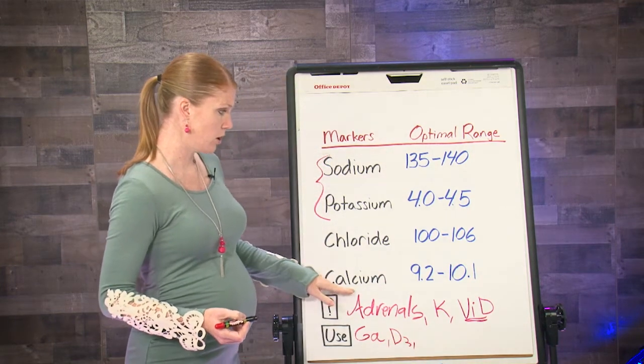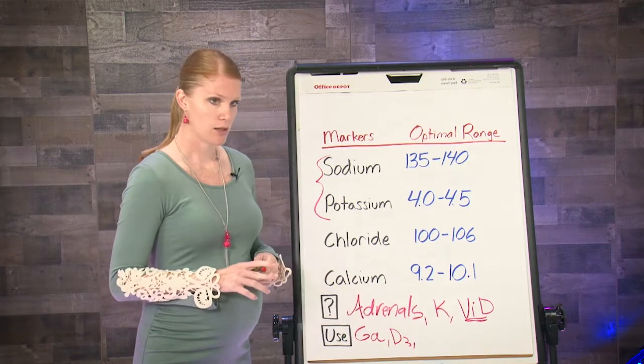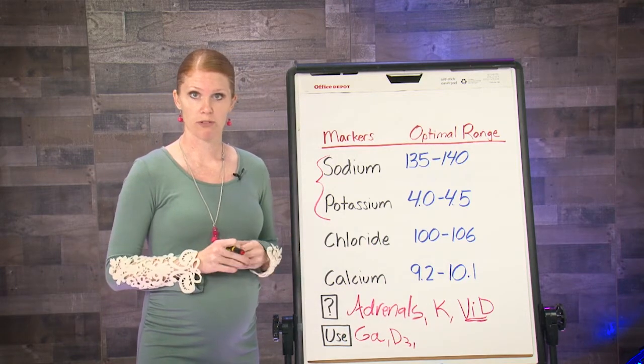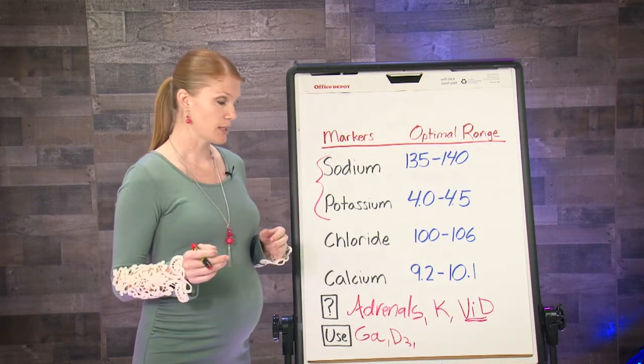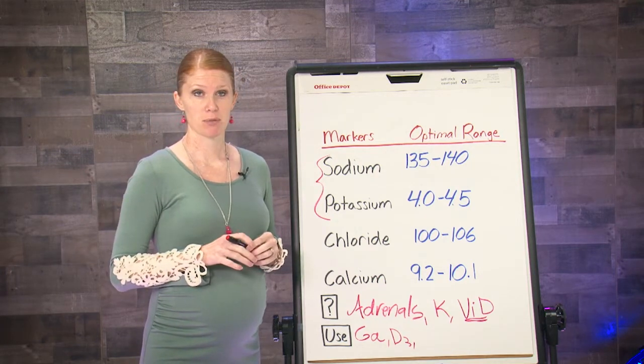Now, if they're really low, my vitamin D protocol is to start them off at 25,000 IUs per day. If you're using the capsules, that's around 5 or 6 capsules.